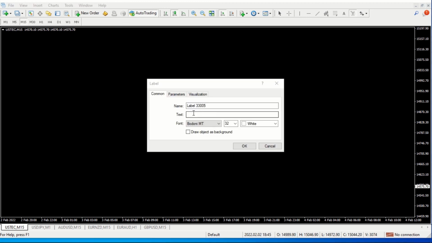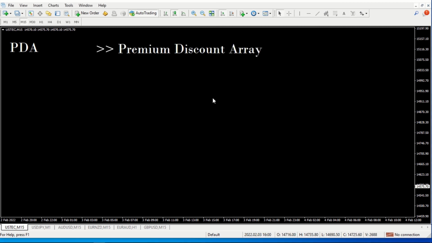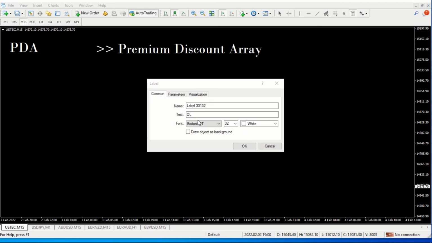The continuation of it is PDA, which simply means premium discount array. The next one is OL, which is old lows. We have OH as the next one, meaning old highs.